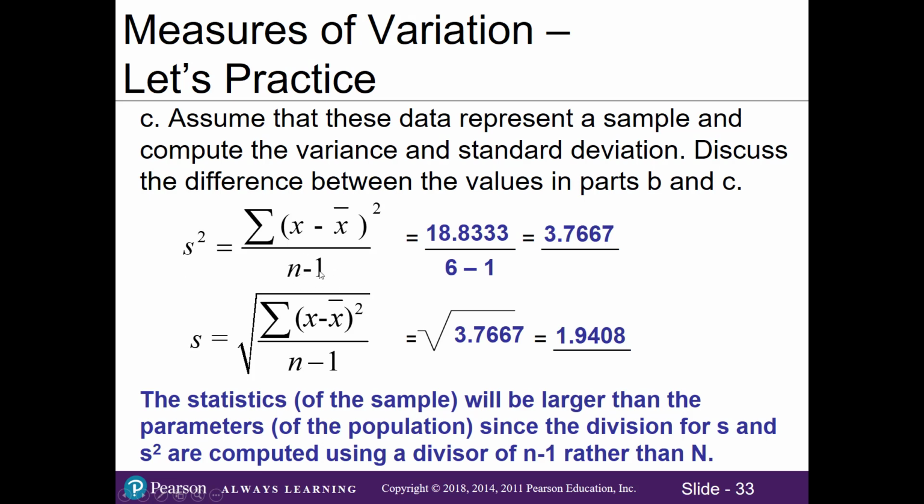So we're dividing by 5 instead of dividing by 6 like we did in part B. The reason sample statistics will have a larger variation than our parameters from the population is that we're not analyzing all of the data, and so we have to acknowledge that there's going to be more variation. That's why you'll see a difference when you compare sample statistics versus population parameters.